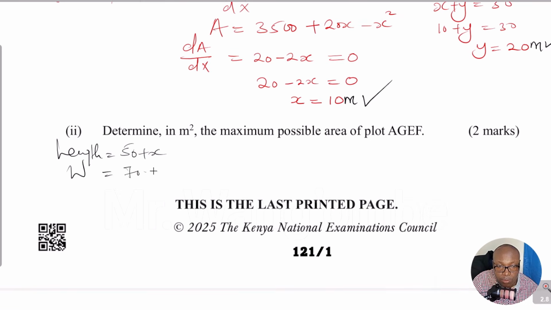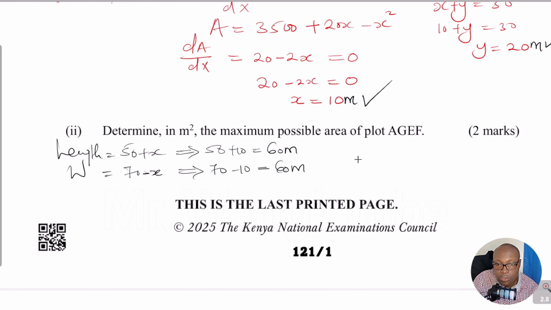Since x is 10, the length will be 50 plus 10, which is 60 meters, and the width is 70 minus 10, which is 60 meters.